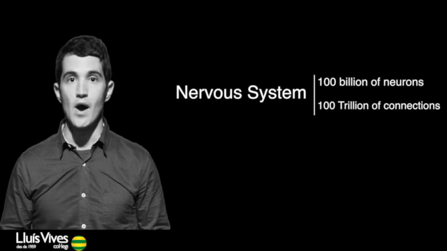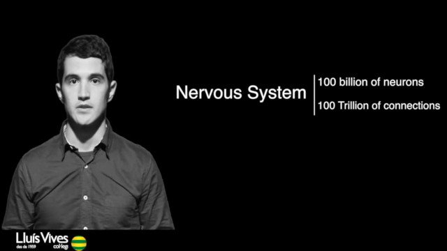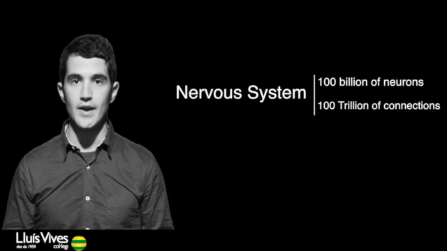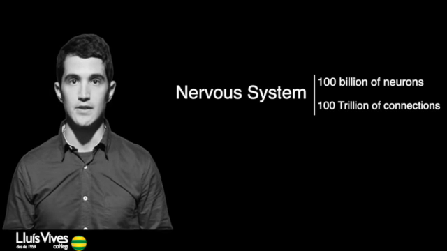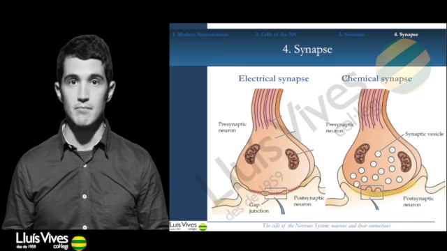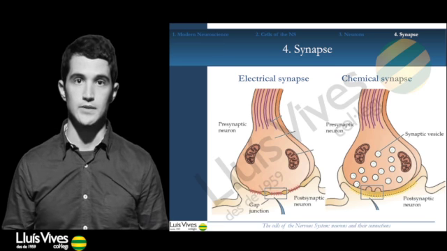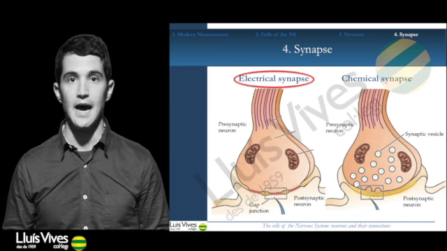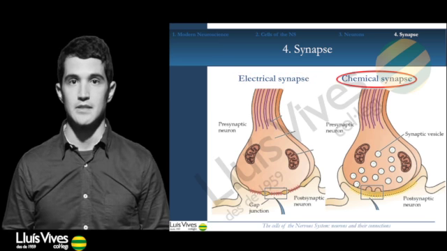In the nervous system, there are more than 100 billion neurons, and there are more than 100 trillion connections between these neurons. These connections are called synapses, and we can find two kinds of synapses, the electrical synapses and the chemical synapses.